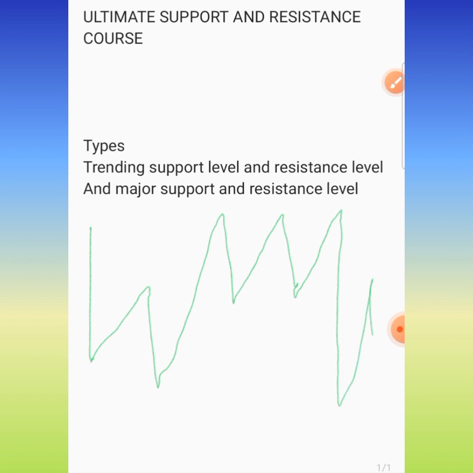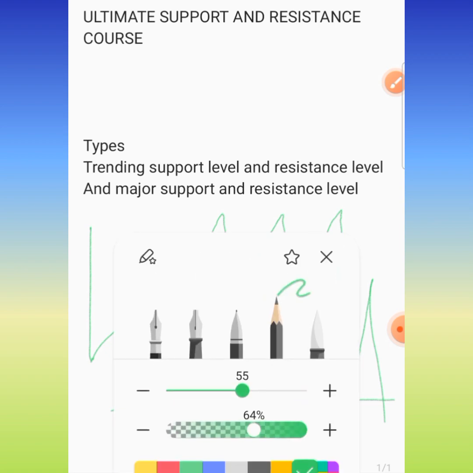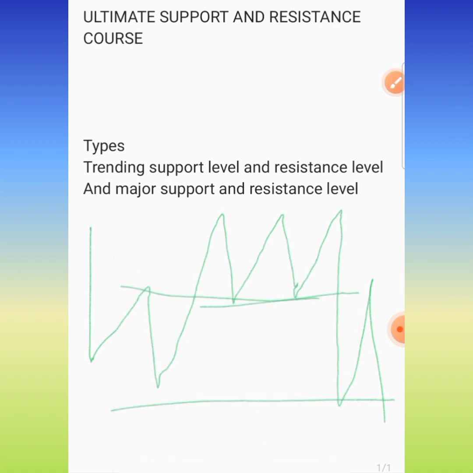Now let's look at this level. If you draw a straight line here, and draw this line here, we discover that this is a resistance line.